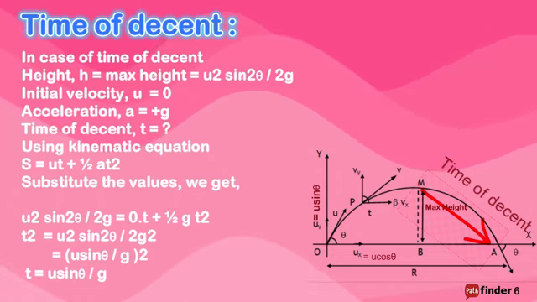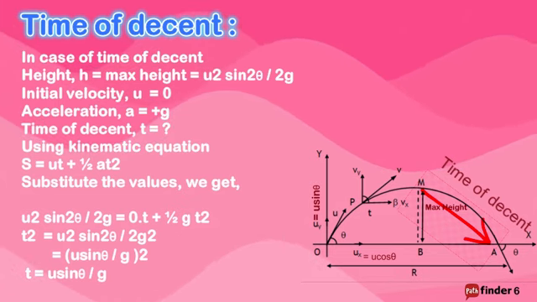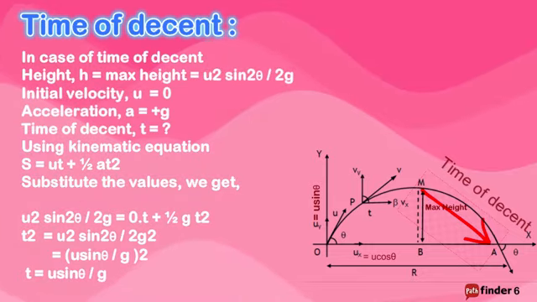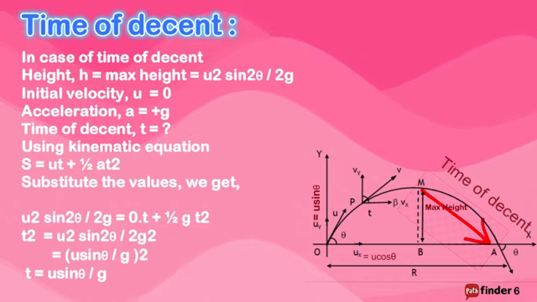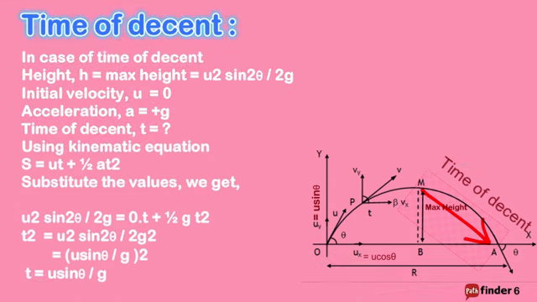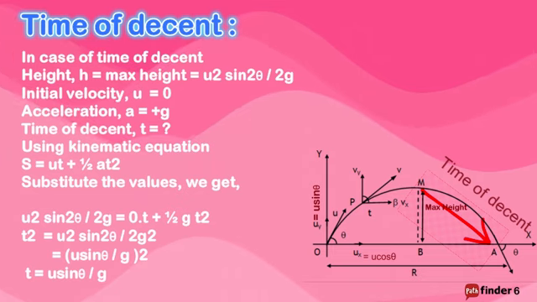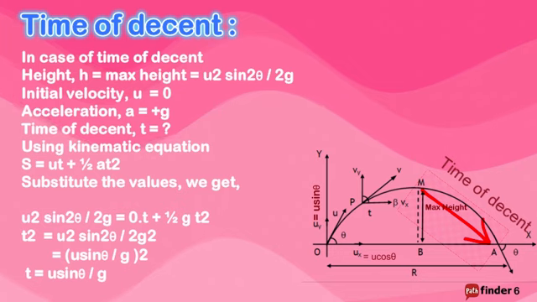Initial velocity is 0, acceleration is g. Here you can find time of descent. Using kinematic equation, s is equal to ut plus 1 by 2 a t square. Substitute the values, we get t is equal to u sine theta by g. Time of ascent and time of descent are equal.